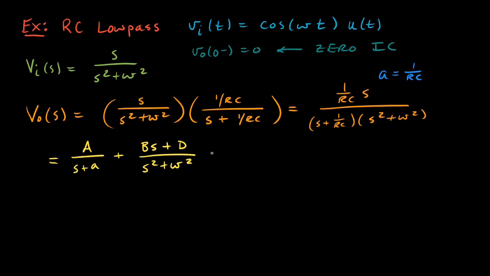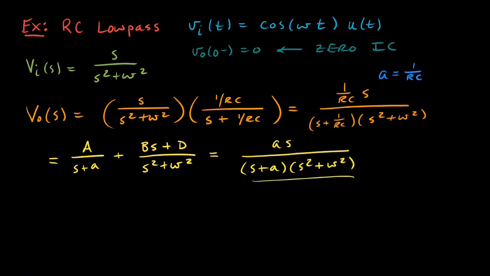Okay, and again, that's going to have to equal, I'm going to rewrite this expression with my little a term. So that's going to be A over S plus a, plus BS plus D over S squared plus omega squared. To handle the partial fractions, I'm going to multiply both sides of this expression by S plus a onto S squared plus omega squared.